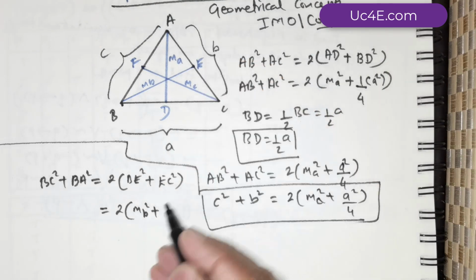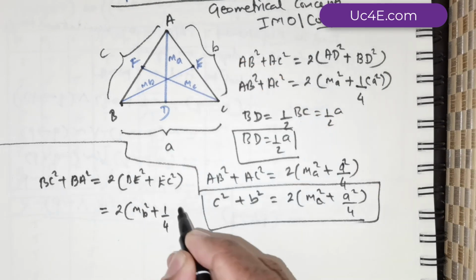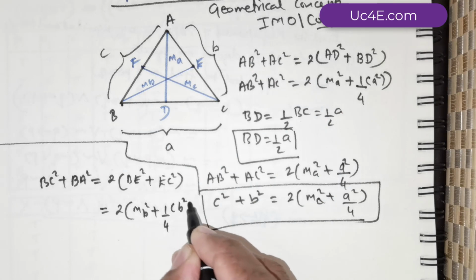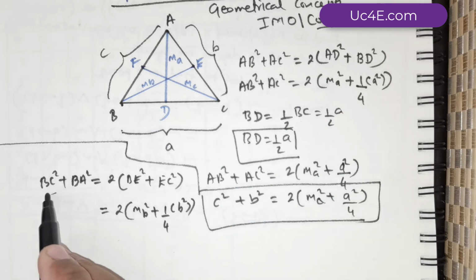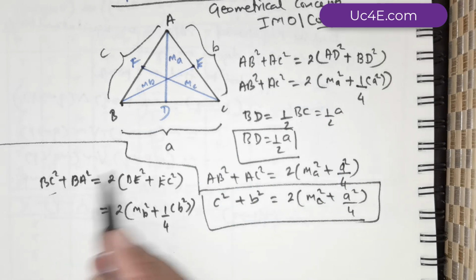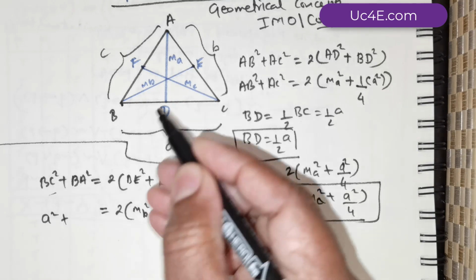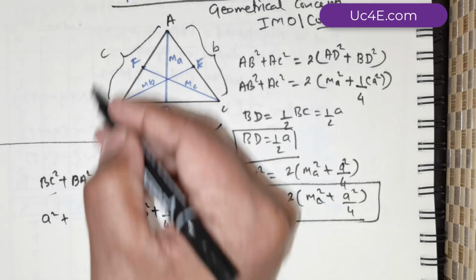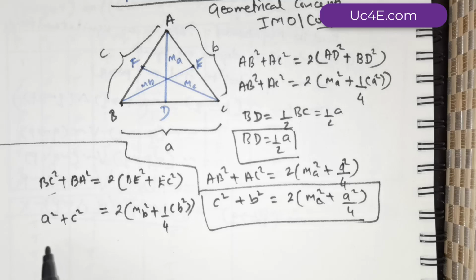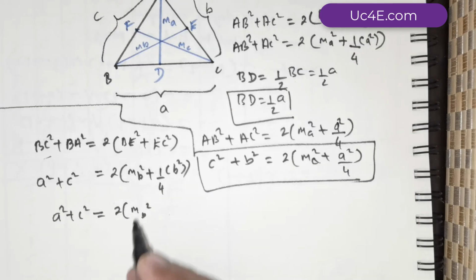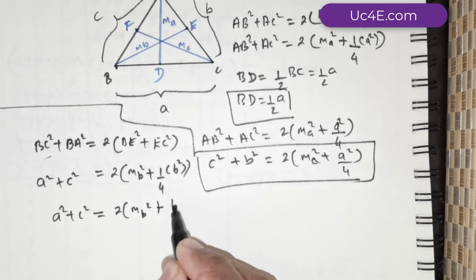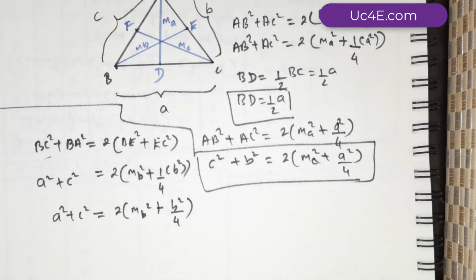This length. So it is squared there. So it's going to be 1 over 4 times B squared. Now BC, what is BC? BC is A and BA is C units. So therefore you have this formula: A squared plus C squared is equal to 2 times MB squared plus B squared over 4, right?